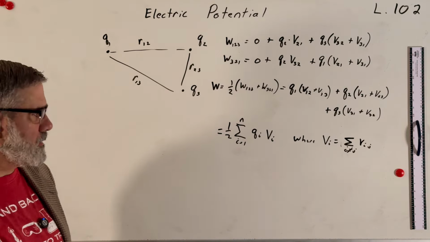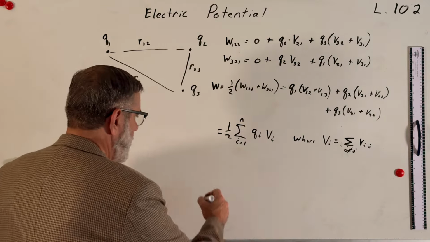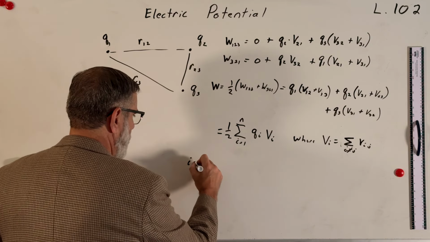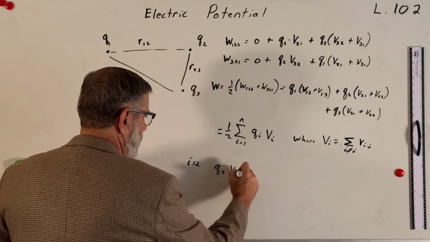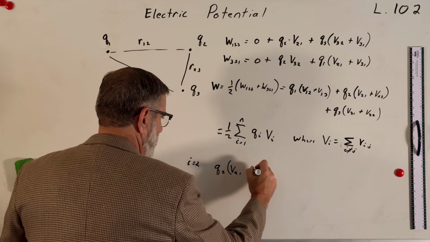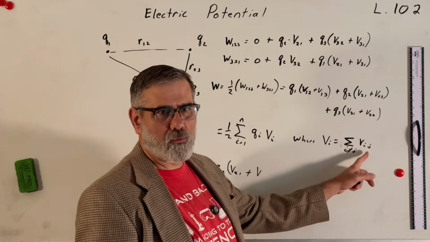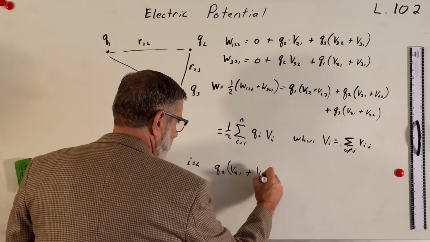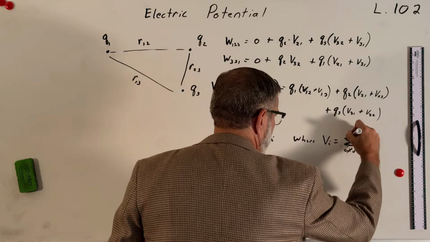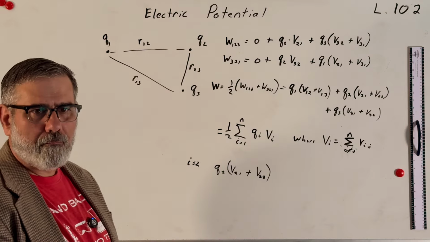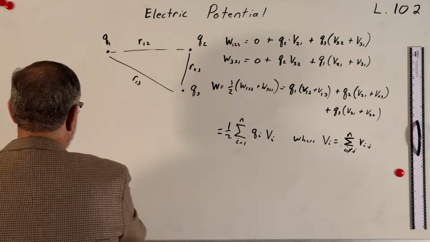Okay, that's what it means. So when I look at this, I ask, what are the possible values of it? Let's let i equal 2, for example. That means we have Q2 times V21 plus V23. We can't do V22, because that would make i equal to j, so we skip that one. And we go all the way up to n, you see? It's just an alternative way of writing this, and this is how you'll usually see it in books.